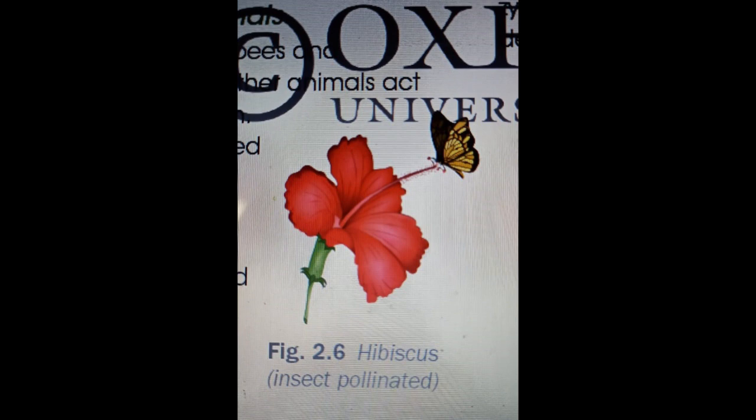For example, pollination in sunflower or hibiscus can occur by insects or other animals. So those are the three types of pollination according to their pollinating agent.